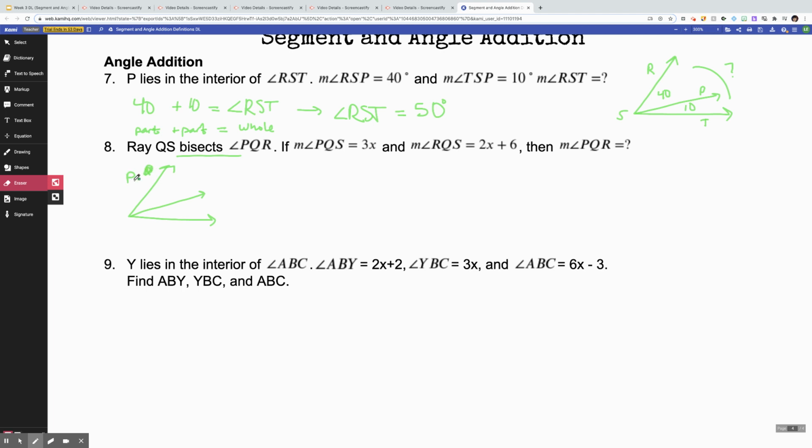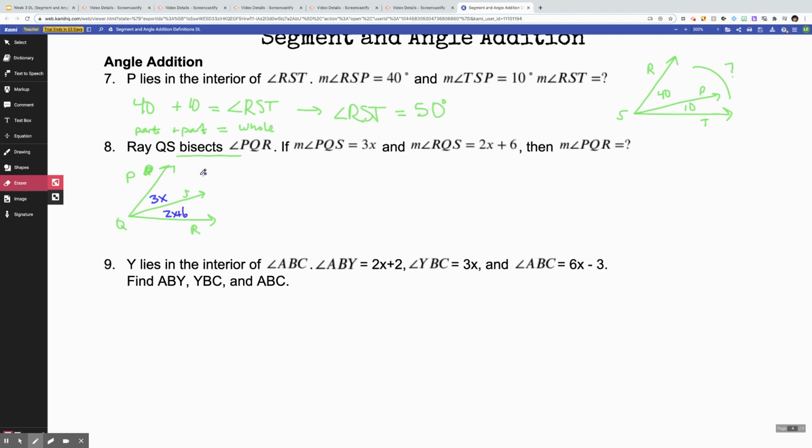Sorry, everybody. I'm messing up with my mouse here. So PQR is your big angle, and QS is the ray, so that means S is the point here in the middle, okay? They say PQS equals 3x. Okay, so PQS is 3x, and RQS, which is down here, is 2x plus 6.